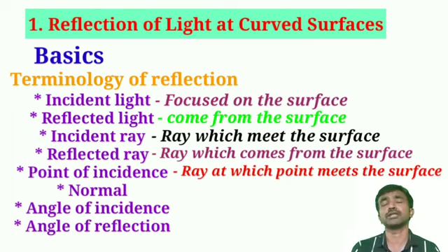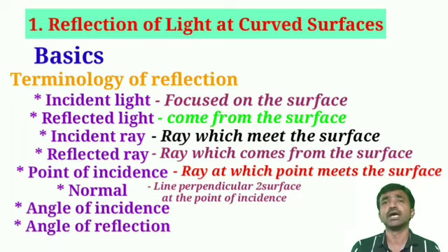Then what about the normal? Simply, the normal is defined as an imaginary line at the point of incidence which is exactly perpendicular to the surface of the mirror or the surface of the object. That perpendicular line at the point of incidence is called the normal.